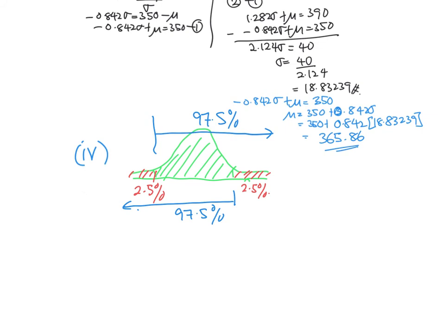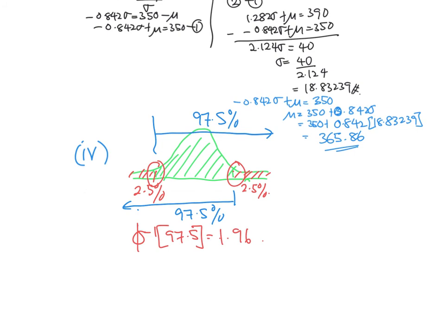So if I take the inverse phi for this 97.5, I will get what is on the left and also on the right, basically the same value. The Z score that I'm getting is the same value because they are equal, but one will be negative, the other positive. So the Z score for inverse phi of 97.5 is exactly 1.96.